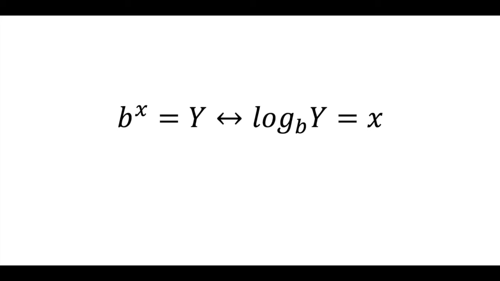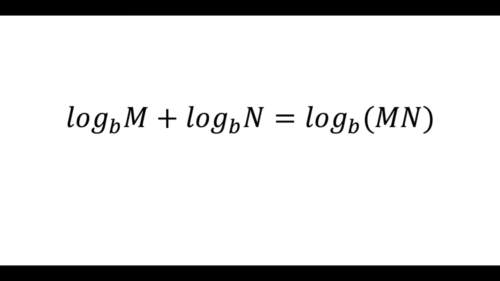Because of the way exponents work, logarithms have a number of interesting operation rules that we can use in certain situations. For example, given two logarithms with the same base, log base b of m plus log base b of n is equal to log base b of m times n.